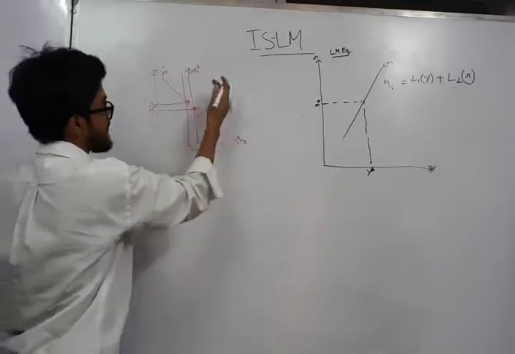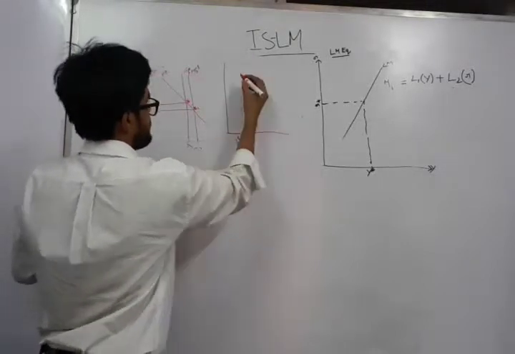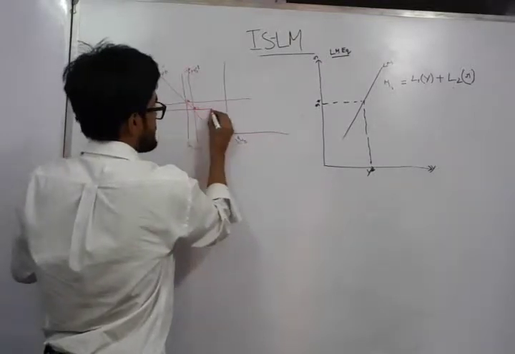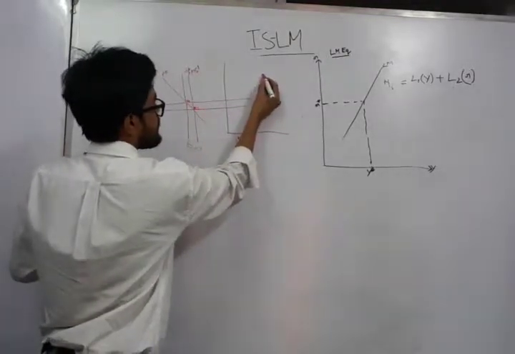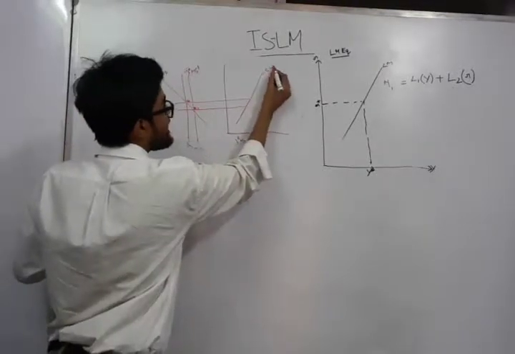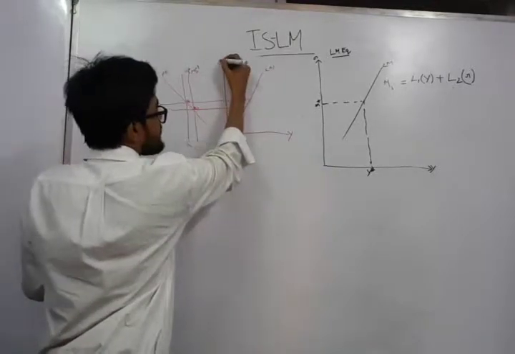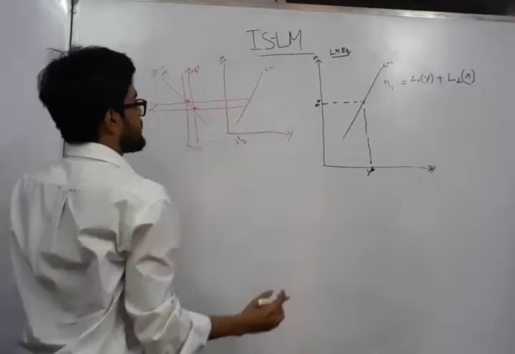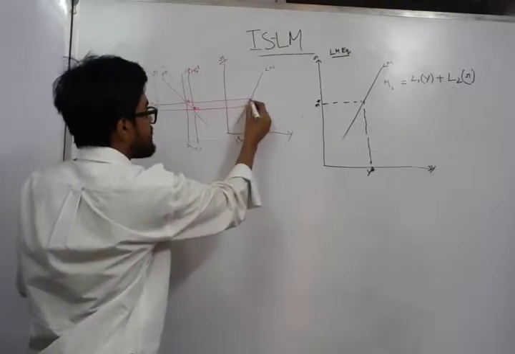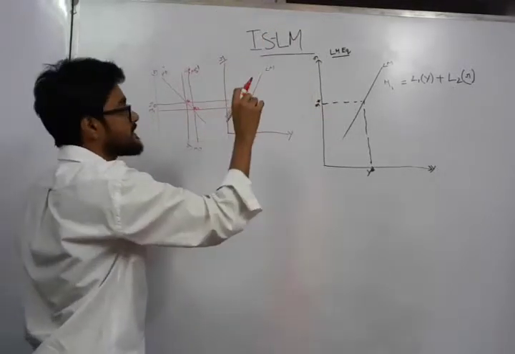If we extend these lines to another panel on the right hand side and take the locus of these points, we can draw the LM curve, which states the relationship between Y and R. So what is the LM curve? The LM curve is the relationship between money market demand and money market supply.